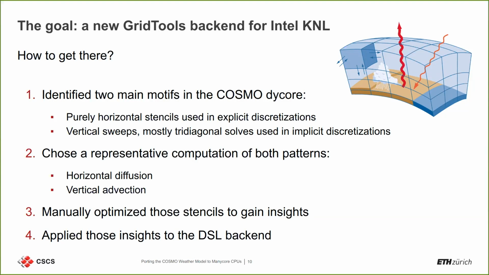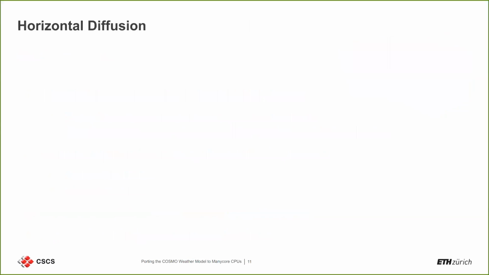So we chose two representative patterns. One is horizontal diffusion, one is vertical advection, and we manually optimize those computations to gain insight, so how to optimize horizontal computations in general, vertical in general, and then we apply those insights to the DSL backend, the GridTools backend.